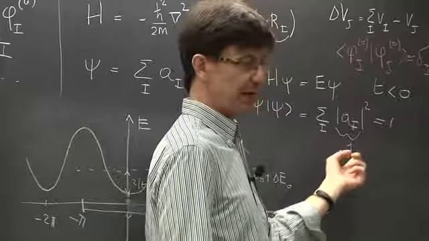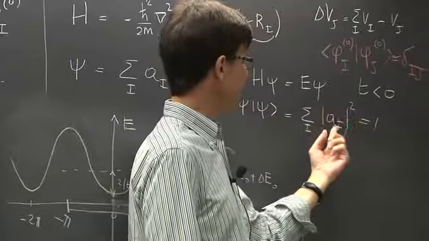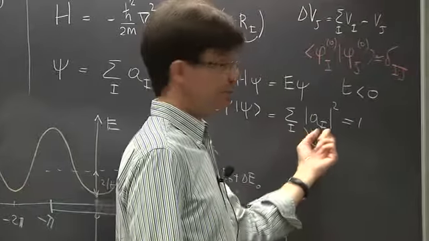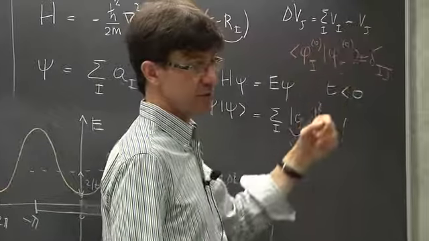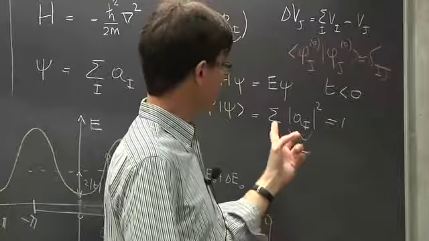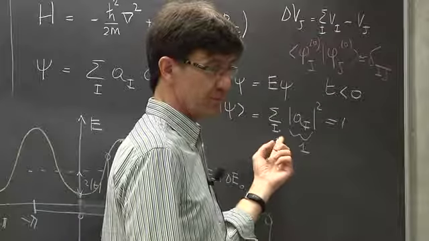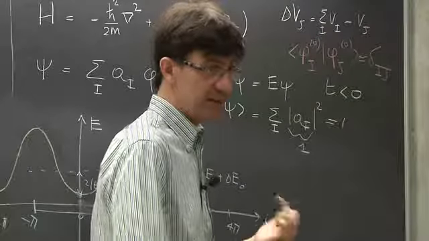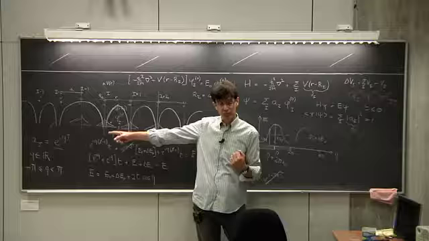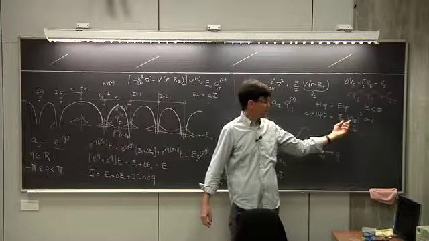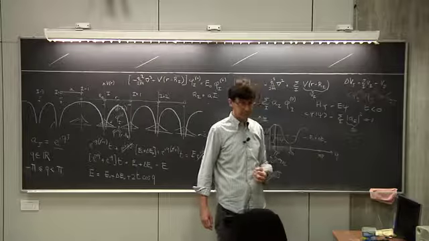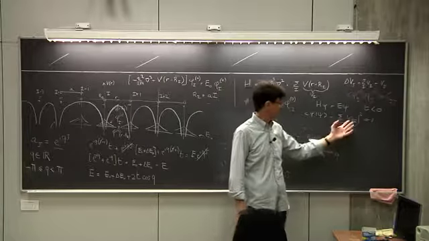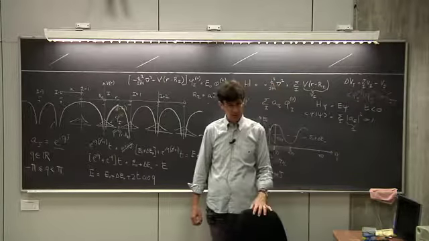So we've been able to rewrite this as the sum of a_i squared, using precisely this condition. We've already used that condition, but we're still in trouble, because we're still summing over an infinite set of numbers. And if we claim that this is the correct solution, these numbers are 1. So we are in trouble. We need to find a way to normalize it properly.